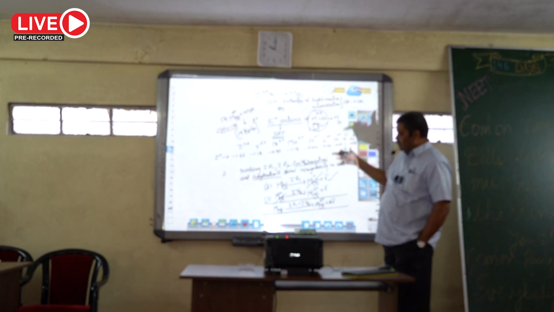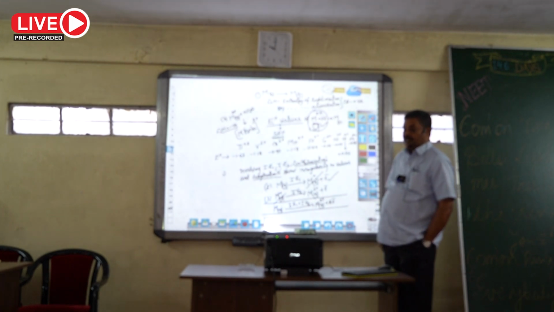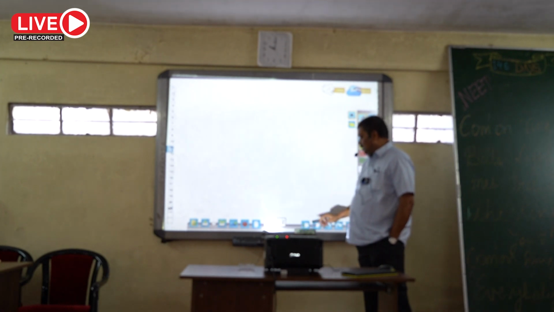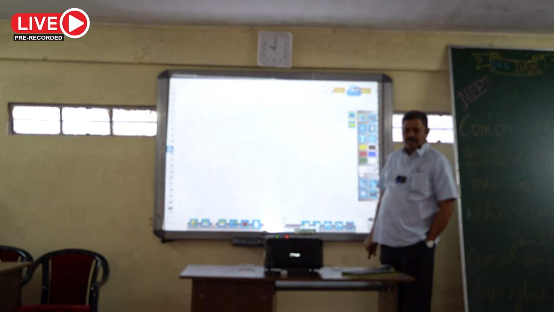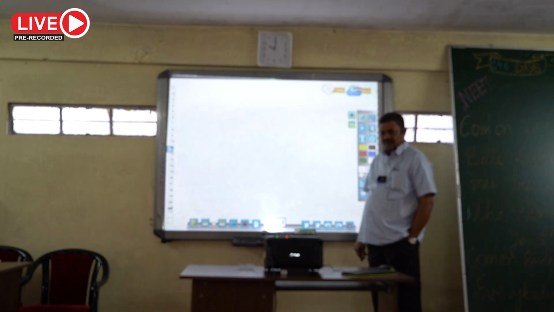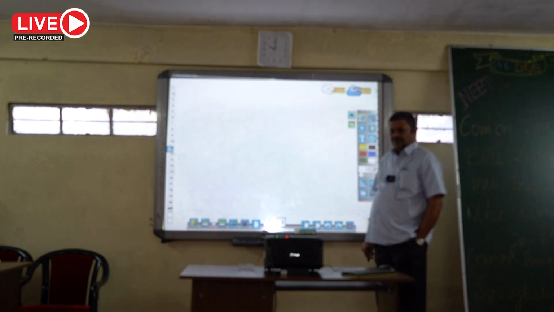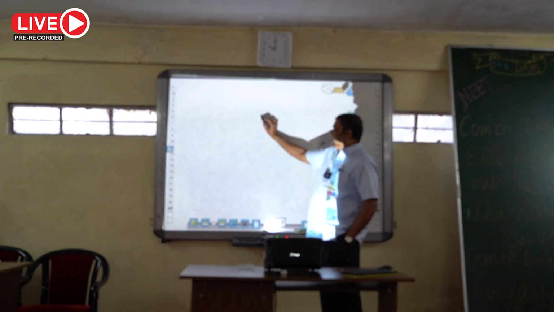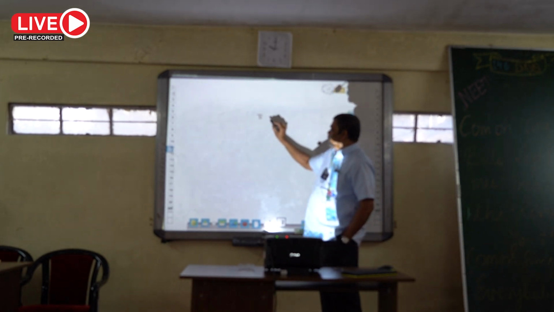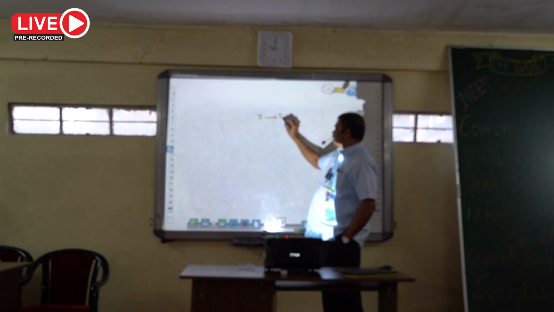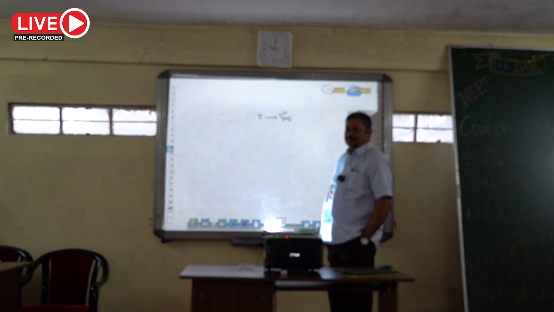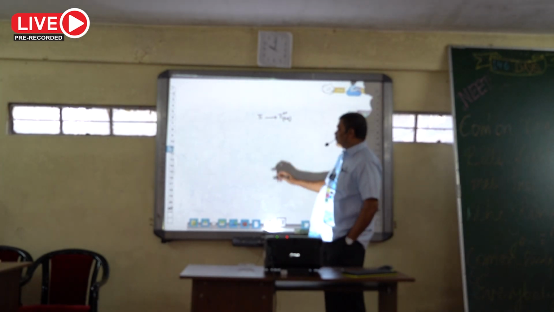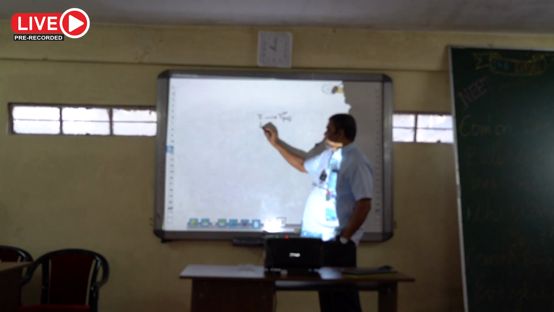So the sum of these values is given in your NCERT textbook, I think table number 8.4. Is it 8.4? Correct? Okay. In case of titanium, to form titanium 2 plus aqueous, what is the enthalpy of atomization?